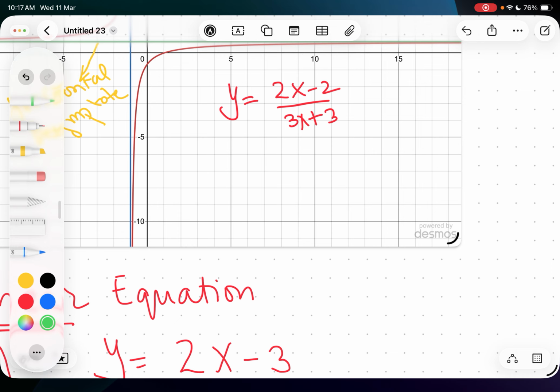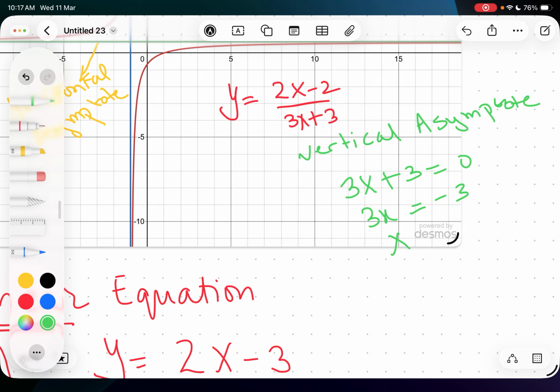The same rule is applicable for the vertical asymptote. For the vertical asymptote, we are going to make the denominator equal to 0. So 3x plus 3 is equal to 0, so 3x is equal to negative 3 and x is equal to negative 3 over 3.